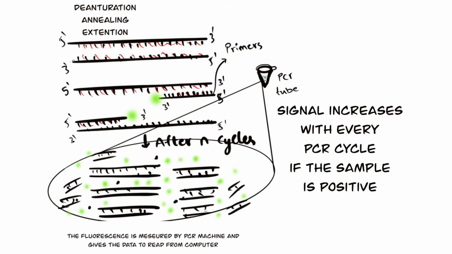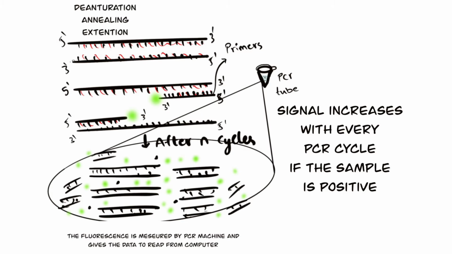It is extremely important to design primers specifically for every single strain of the virus, because if the strain is different, the primers aren't gonna bind to the strand of the DNA and it doesn't amplify or show any signal.